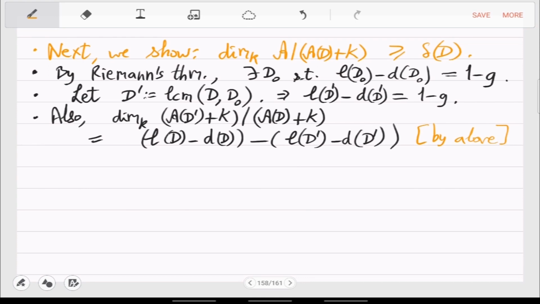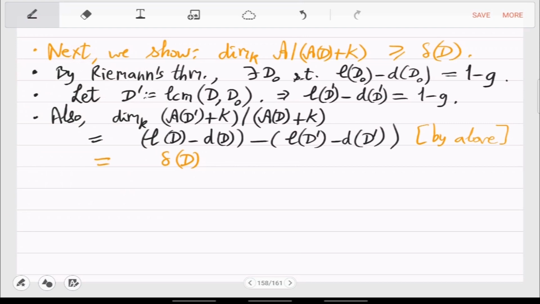So we are using that part of the proof, and we know that LD prime minus DD prime is 1 minus G. So this is then equal to delta D, because it's LD minus DD minus of 1 minus G. So that's the degree of speciality, which is the lower bound, right?